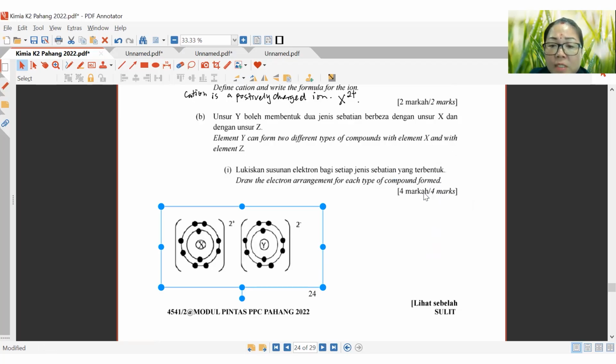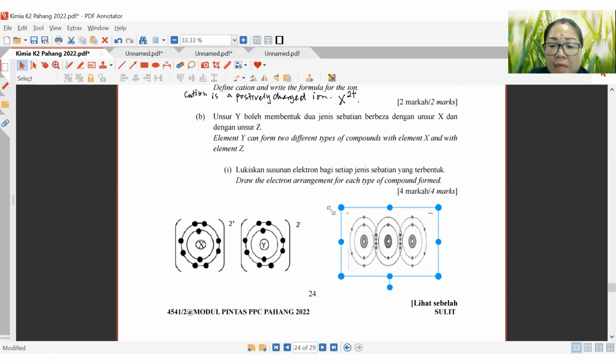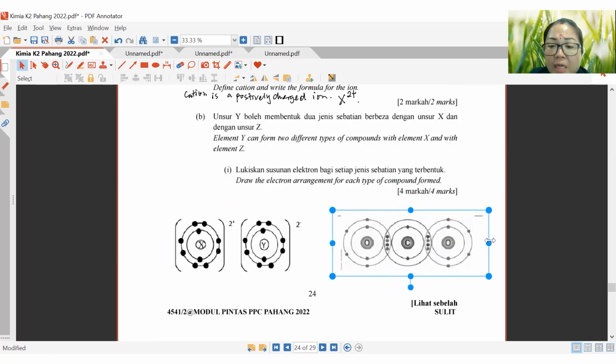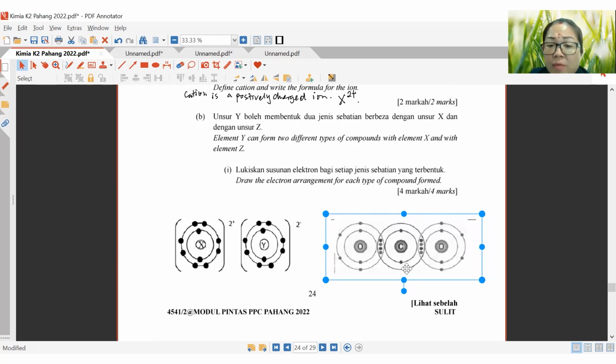Now, maybe some of you know what those elements are, and then you start labeling it. If it is the correct one, never mind, you are safe. Otherwise, to be safe, if they say Y or Z, you just put Y and Z. Okay, this one can be accepted.